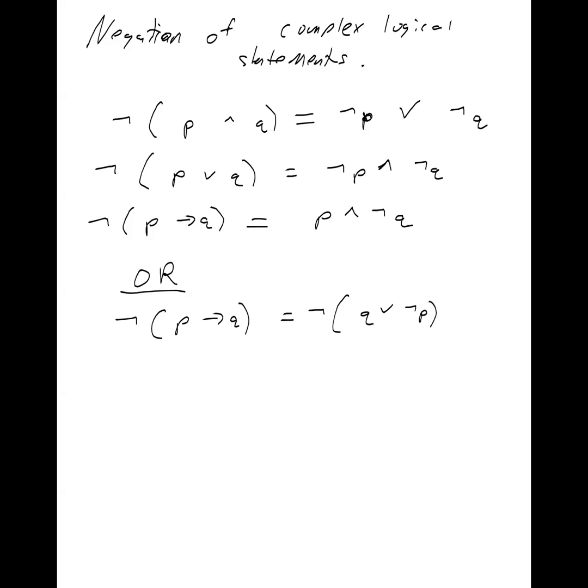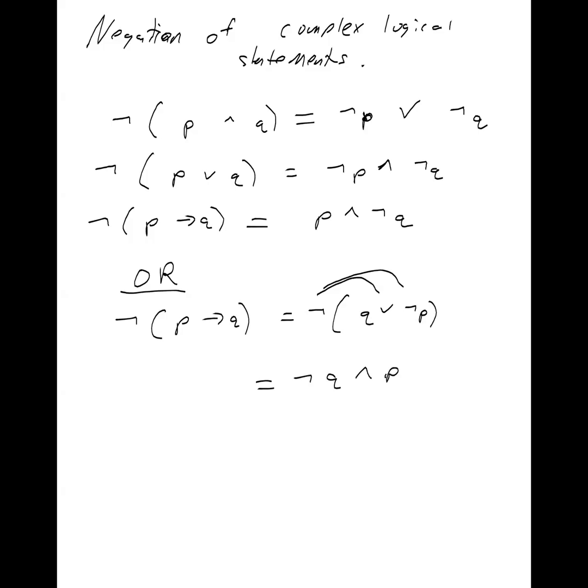Since we already have talked about this, we know that P implies Q is actually the same as saying Q or not P. I think that's what we said, right? Now, what's the negation of an or? If I distribute the negation symbol to the Q, I would get not Q. And if I distribute the negation symbol to the or, I get an and. If I distribute it to the not P, I get a P. And so I get not Q and P.